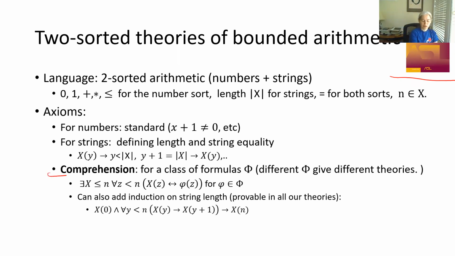And the main axiom that differentiates between the power of different series is for which formulas you can get a characteristic string. Once you get a characteristic string, you could do an induction on it. So if you operate with polynomial time predicates or have polytime function symbols in your language, then for every polynomial time predicate, you could get a characteristic string. And that's the polynomial time reasoning.